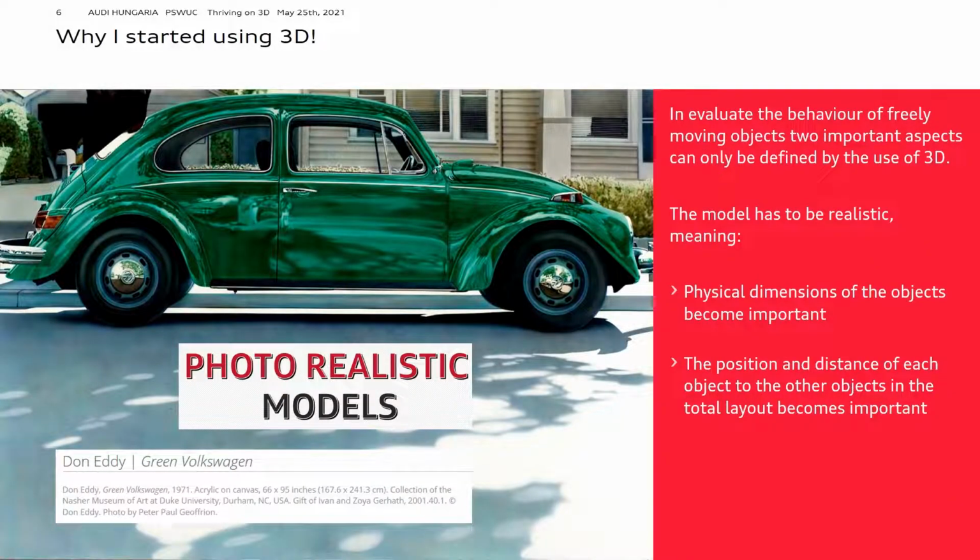It became quickly obvious that things like not only length, width, height, but also distance, shades, and working levels all have an influence on the material flow and the evaluation of these flows' behaviors. The feeling of a model should match feelings reached by Don Eddy in his painting Green Volkswagen.